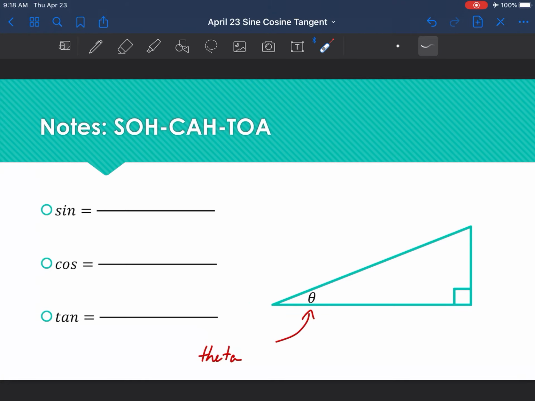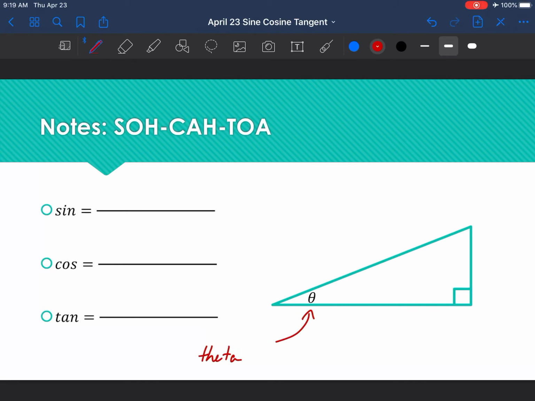Having a Greek letter theta is basically like a variable, kind of like how you have your x to represent unknown numbers. We just use a theta to represent unknown angles. So this is a right triangle, but we don't know the measure of this angle. That's why we use this theta because it's unknown instead of an x.